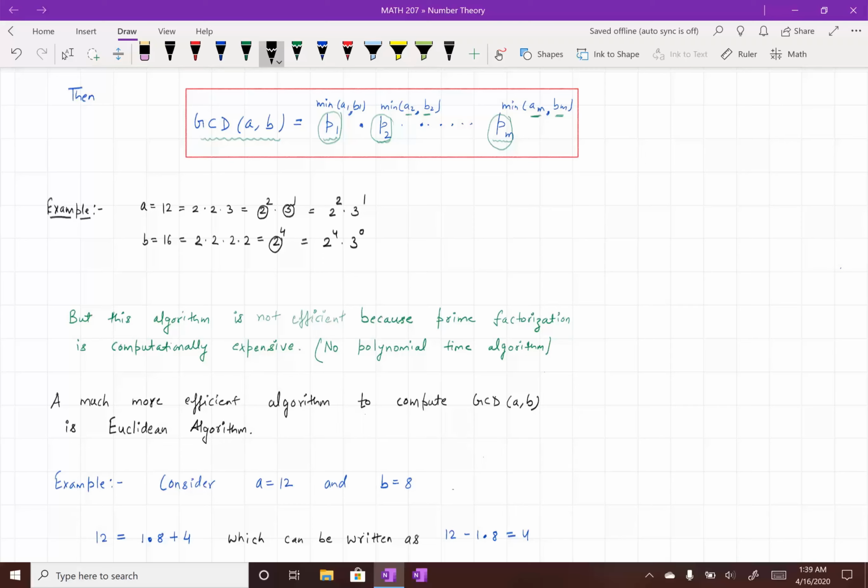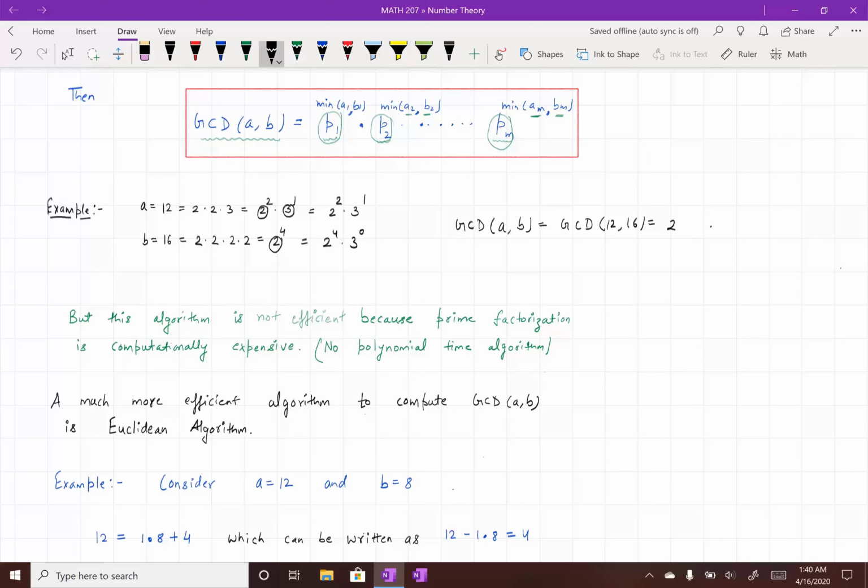If you apply the prime factorization based technique to compute the GCD, then the GCD of 12 and 16 is going to be equal to the product of primes which appear in the prime factorization of a and b. They are 2 and 3.